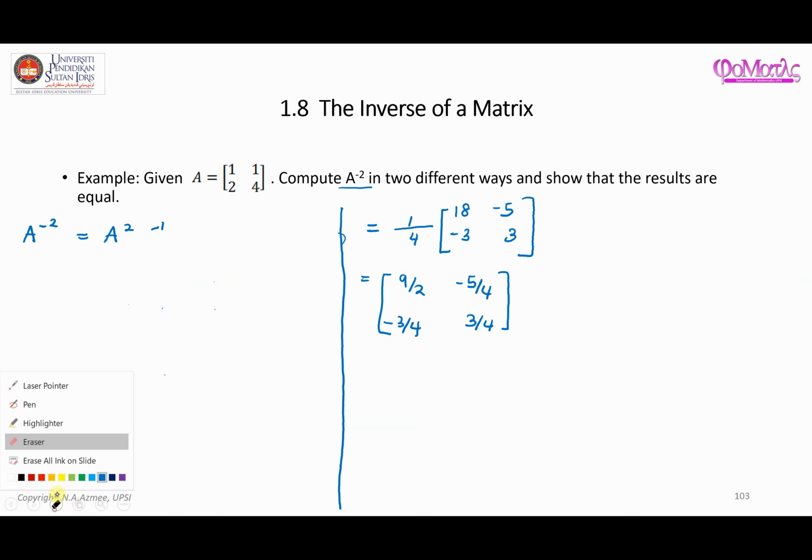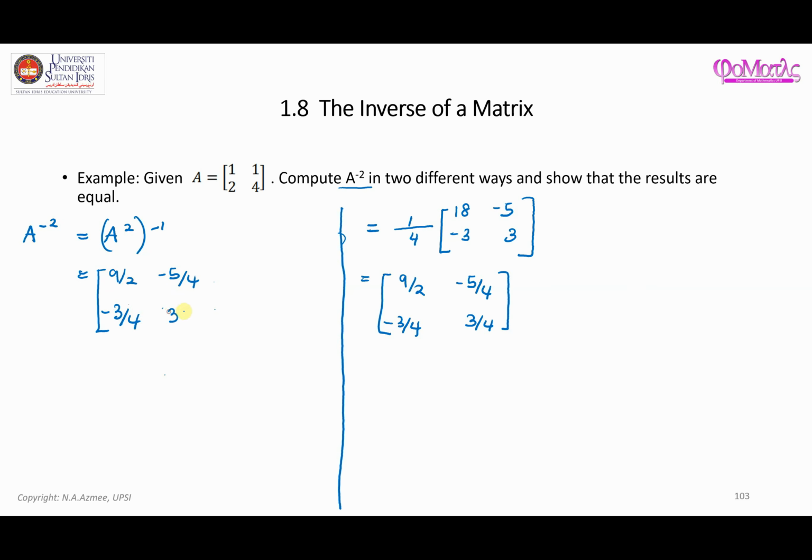Okay, so therefore, this is the result as such. 9 over 2, negative 5 over 4, negative 3 over 4, and 3 over 4. So this is the result that we got using this way.